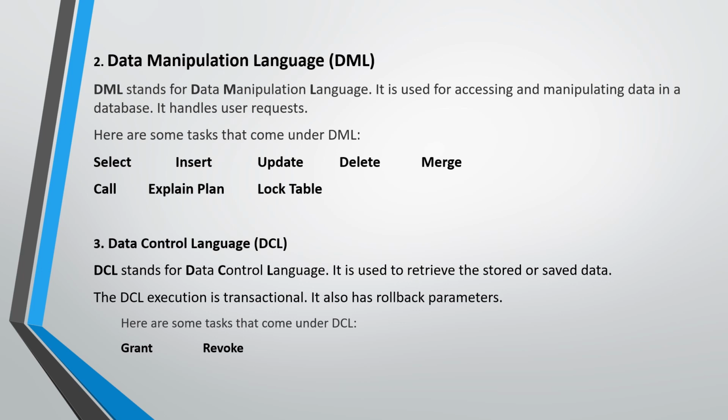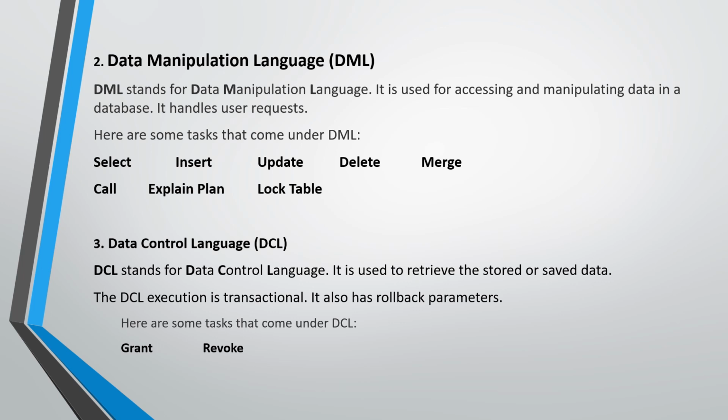Then the third one, data control language. Data control language is used to control access to the stored data. The execution of DCL commands is a transaction and also has rollback parameters.